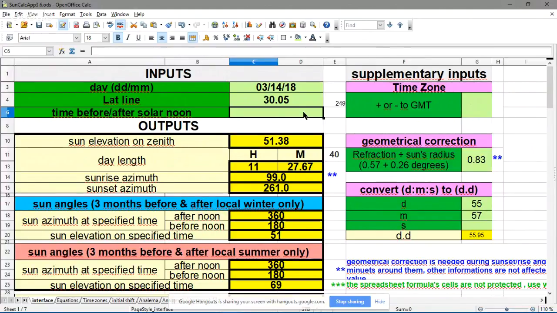For example, I put two hours before the solar noon, and start changing the numbers here. If I put 3, they change accordingly, and it's working perfectly. But you cannot ask me what the angles are at 11 noon in London. I will not be able to answer you. I'll have to know the time of the solar noon in London.